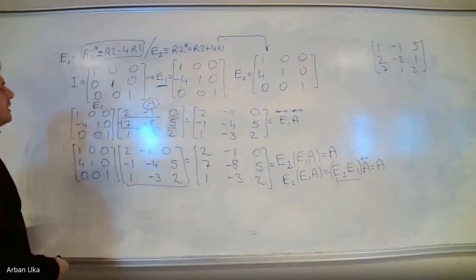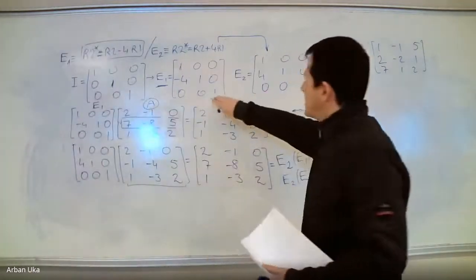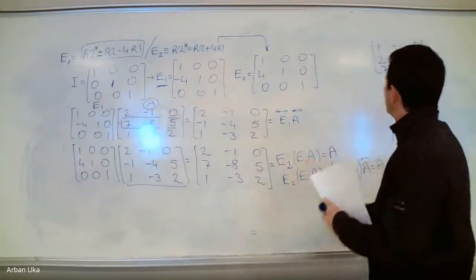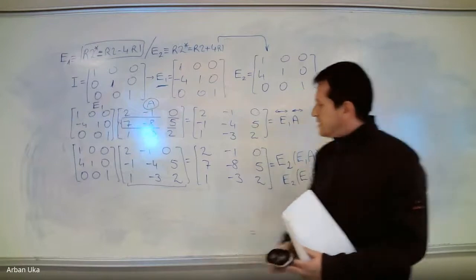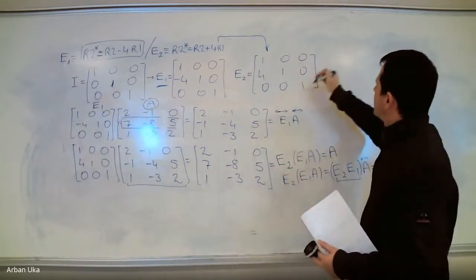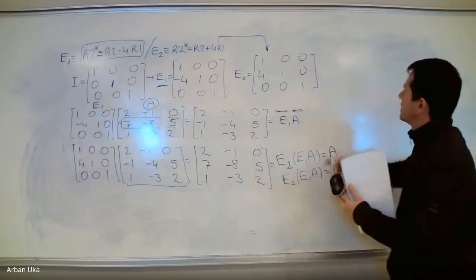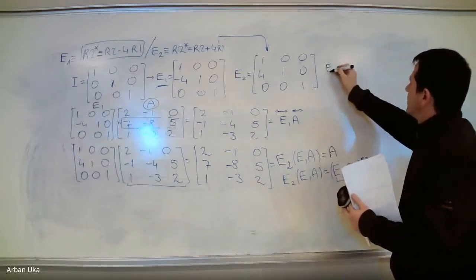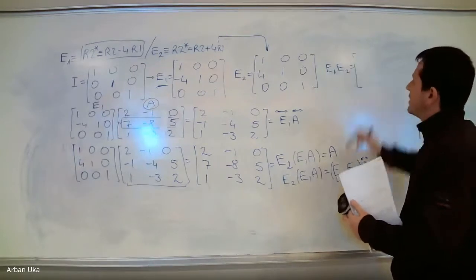And now, since we have E1 and E2, they are written here, we can even multiply them. I was going to write it down here to look good, but we already have them written here. We can easily calculate it. Let's try to find what is E1 times E2 as a matrix multiplication.